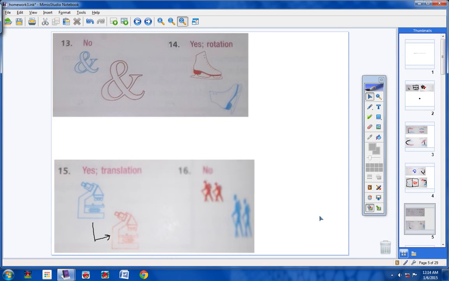It's not, because this pre-image here is much bigger than the image right here. Okay, I hope that makes sense. Remember, an isometry is a rigid transformation, and the directions say decide whether you have an isometry or not. And if you do have an isometry, that means you have a rigid transformation. Okay.